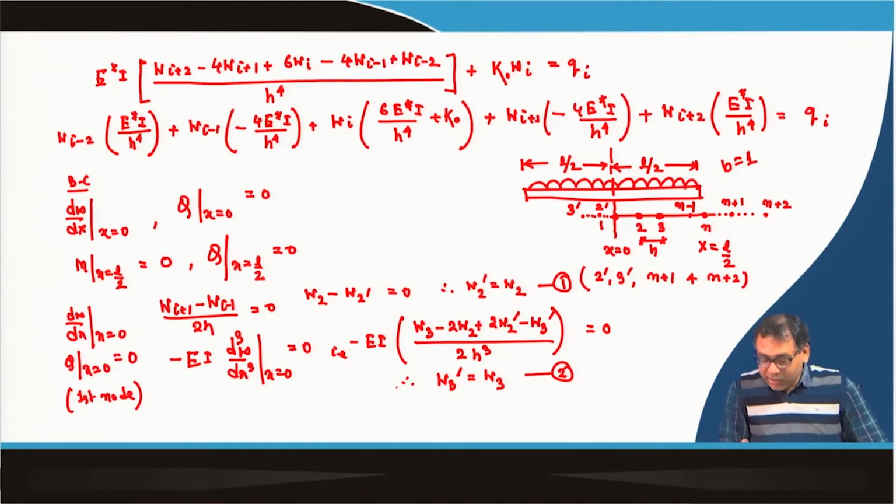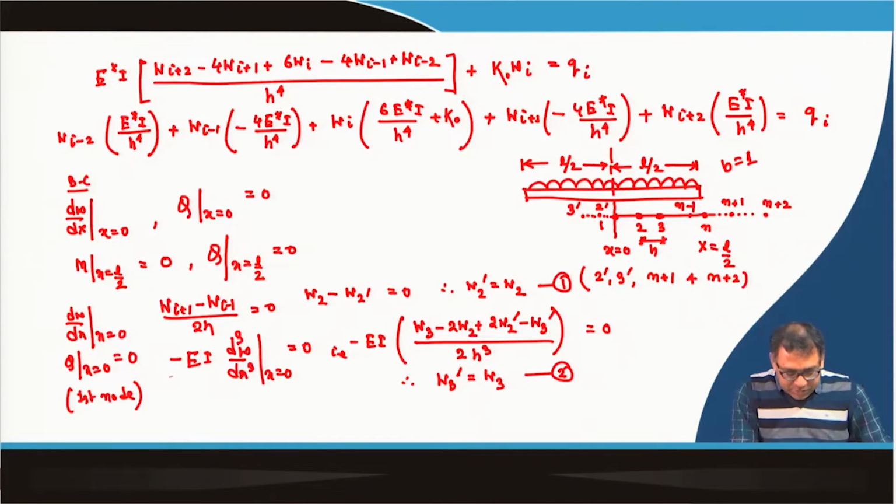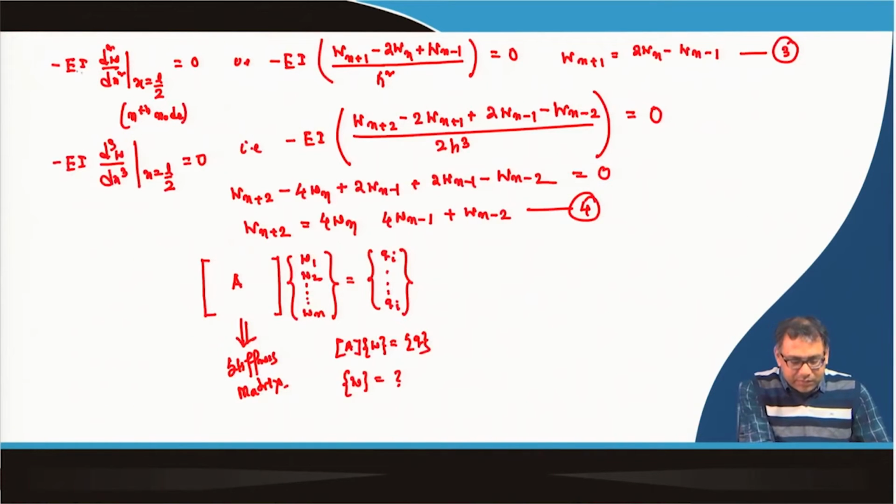For example, now you have the deflection of all the points. Now, you want to determine the bending moment at point 2. So, at point 2 you express the bending moment equation.